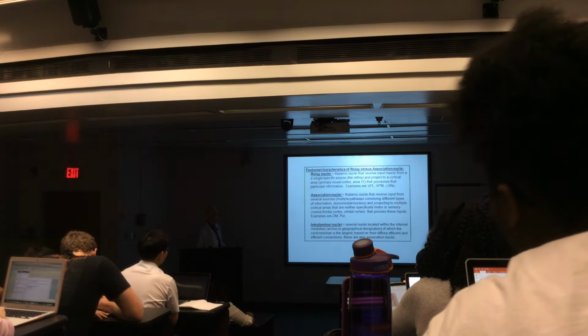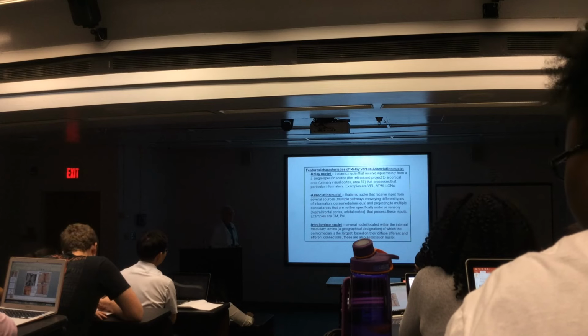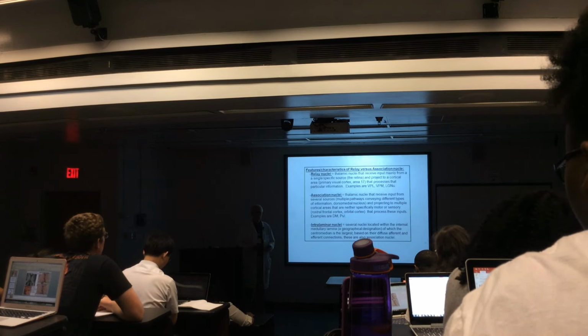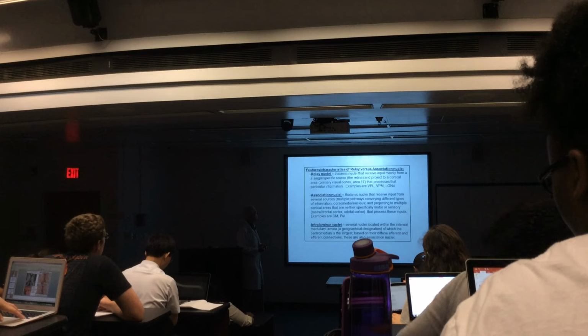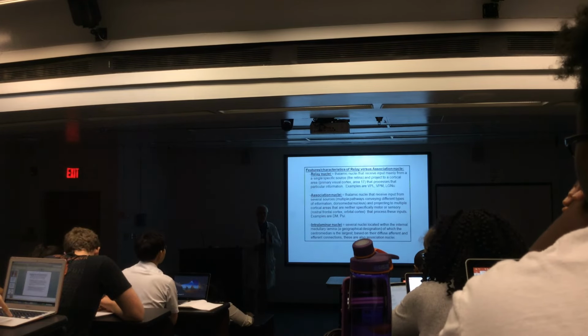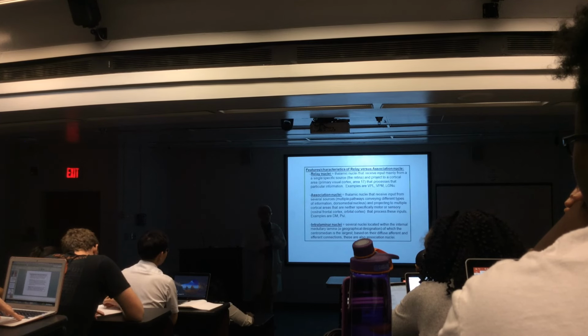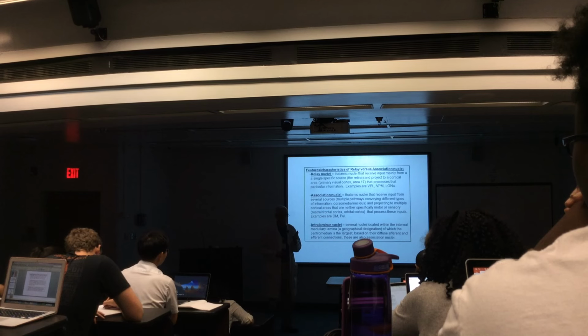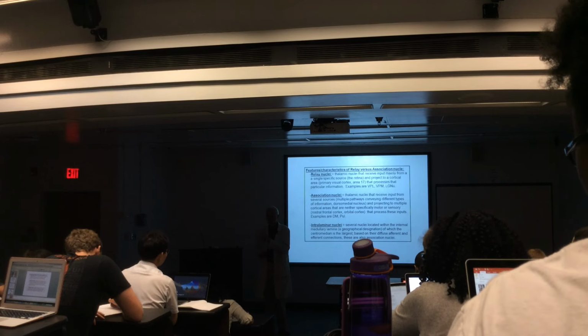First of all, I define here mainly the two types of nuclei we're going to be dealing with. Relay nuclei are nuclei that receive input from principally one place and send it to a very restricted part of the cortex. For example, VPL receives information from the body on the opposite side and sends it to the somatosensory cortex.